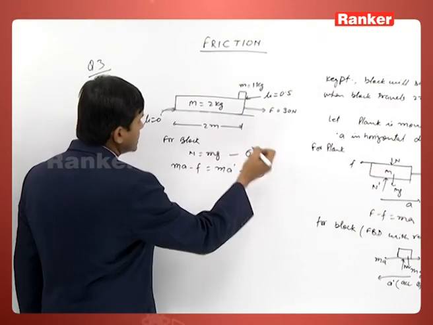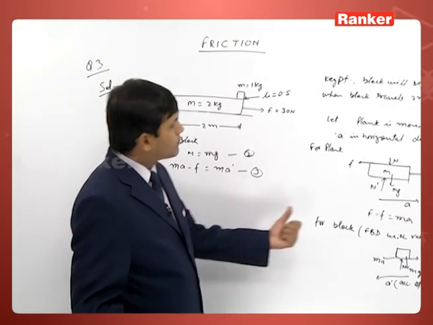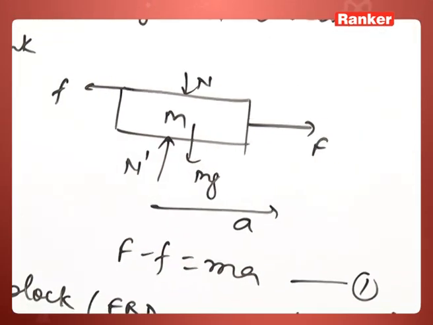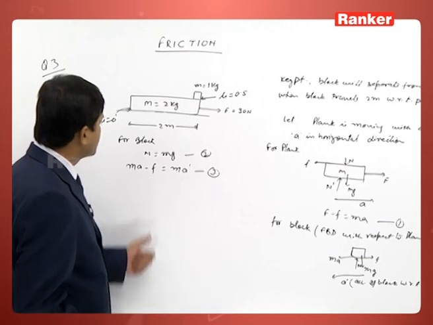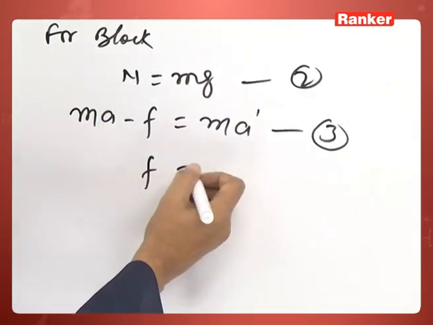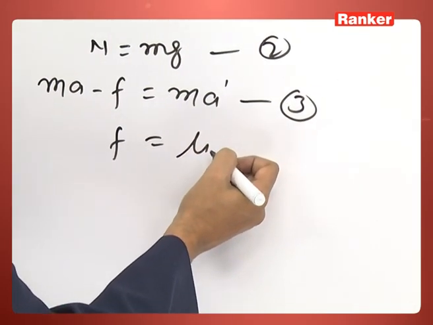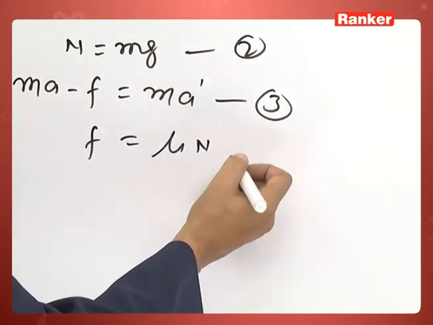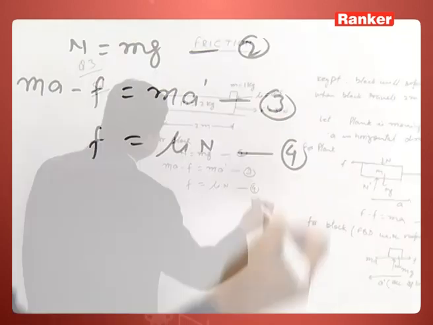This is the third equation. And now friction. Since there is slipping between the block and plank, this friction is kinetic friction. Kinetic friction is always written as mu into N, and this is your fourth equation.